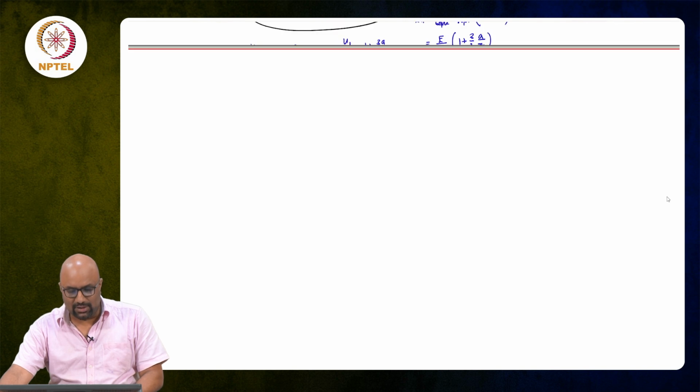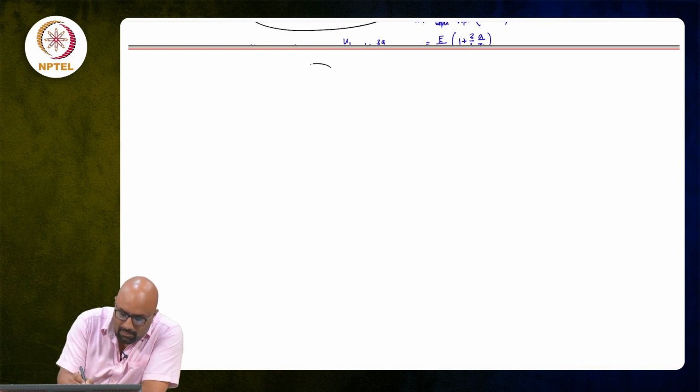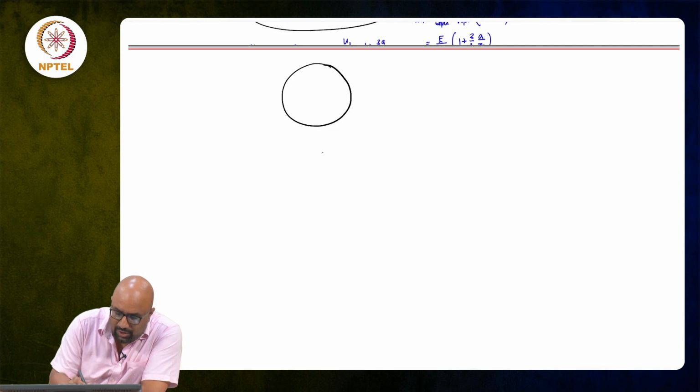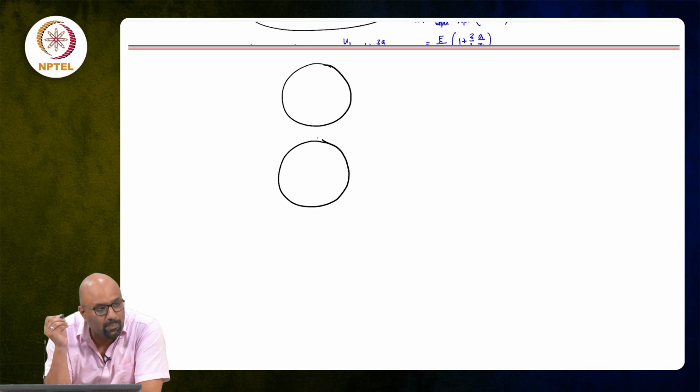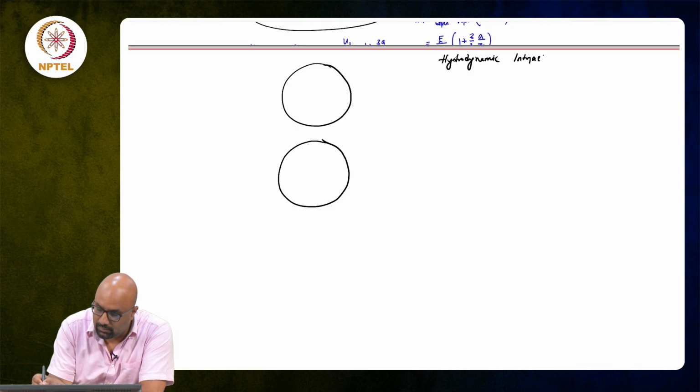Today's lecture is still going to be on the interaction part, but we are going to focus on the opposite limit. So, this is now hydrodynamic interactions when particles are close to each other.